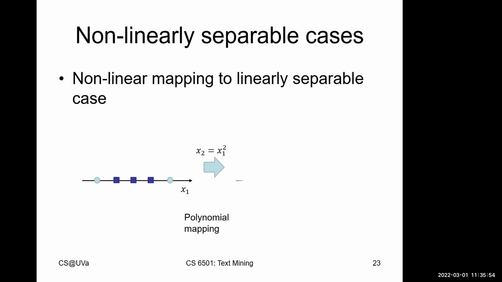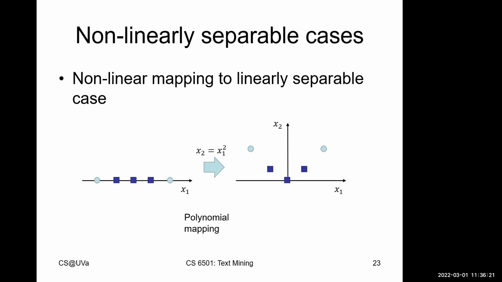Okay, I already talked about mapping. If things are not linearly separable, here's an even more challenging case that I drew on the board. One line doesn't work. So just adding a constant didn't work. But we can take everything and add another dimension.